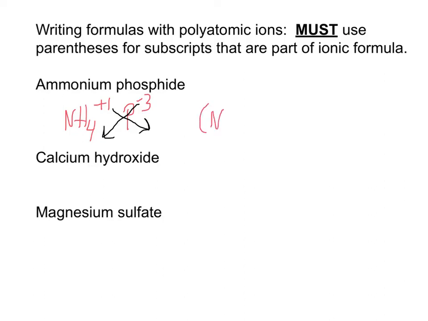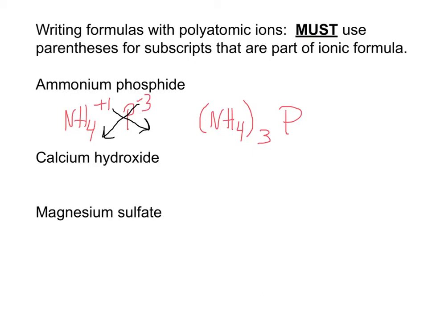We never alter the subscripts or formula of the ion itself. You put it in parentheses and put the subscript on the outside, saying 3 of everything inside. It's not NH12. Then lastly P1, because the charge of ammonium is 1, so we'll just leave it as NH4.